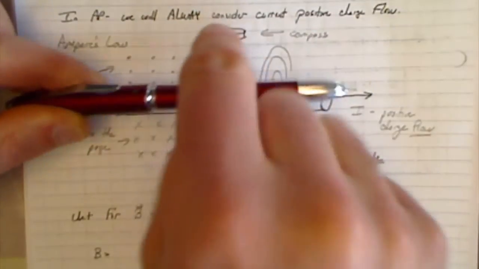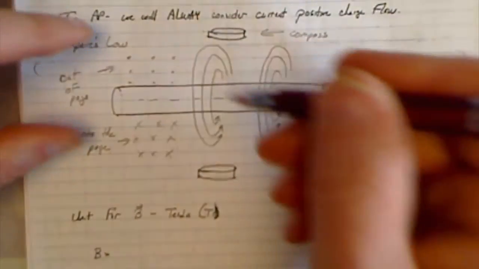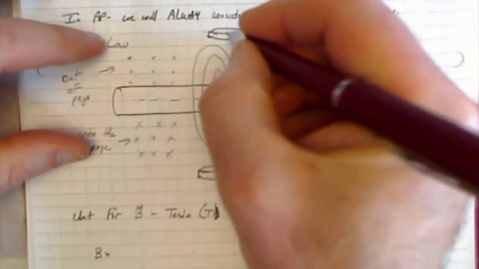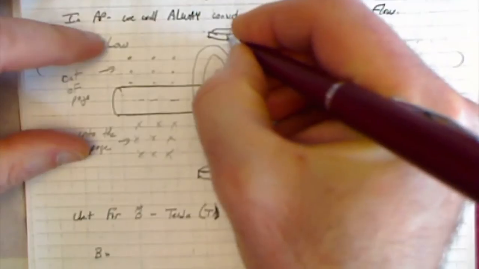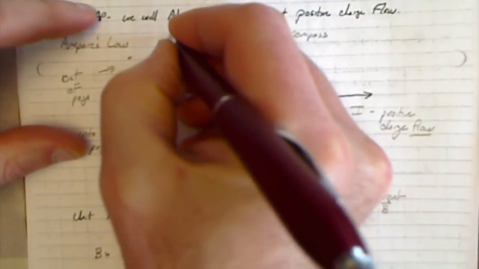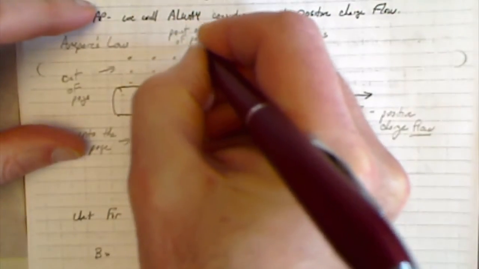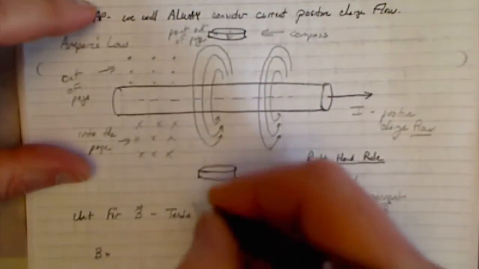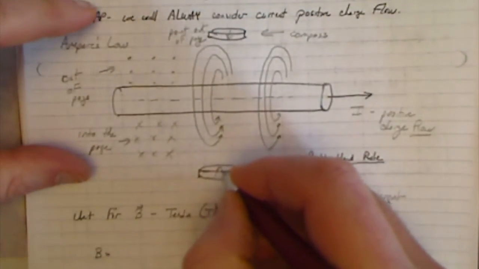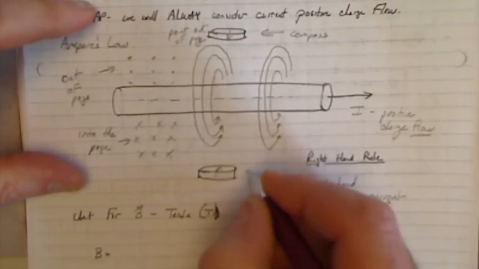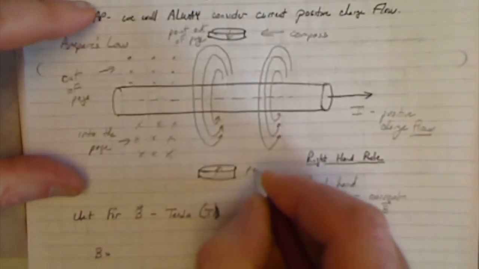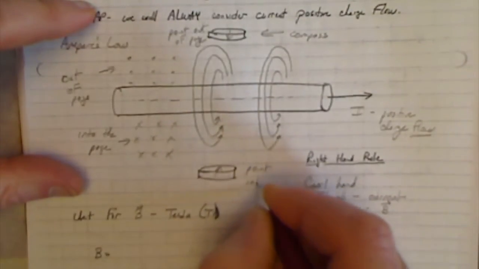That means above that wire, if I put a compass there, that compass is going to point out of the page. Down below, the magnetic field is going into the page, so that means your compass will point into the page.